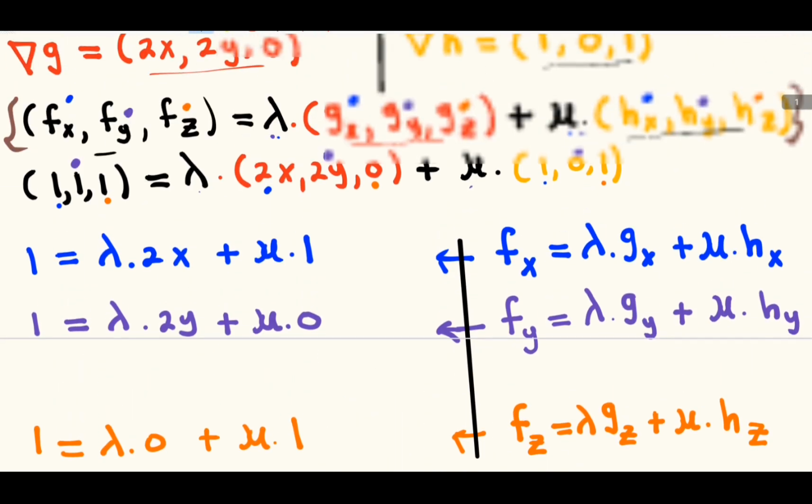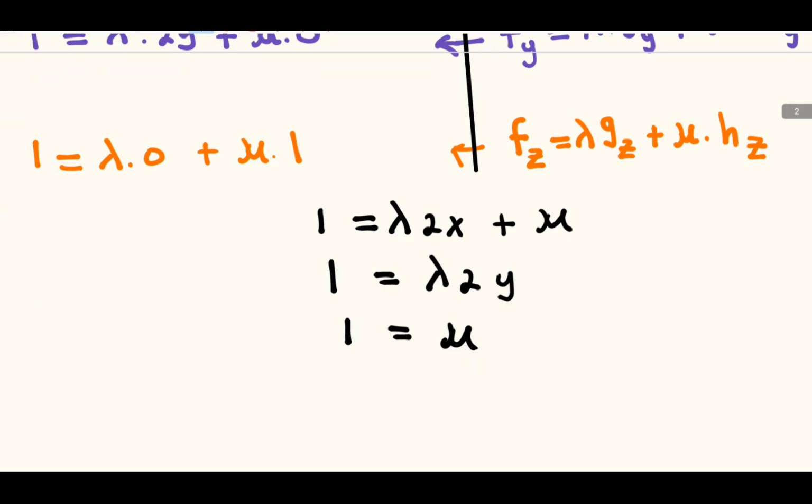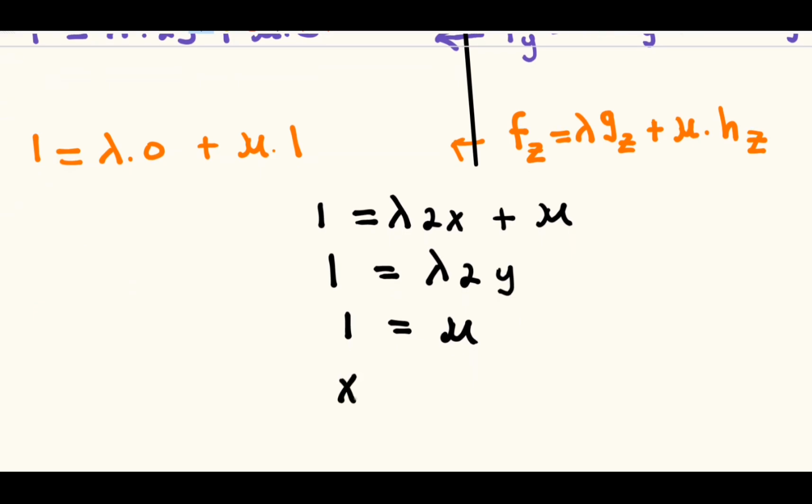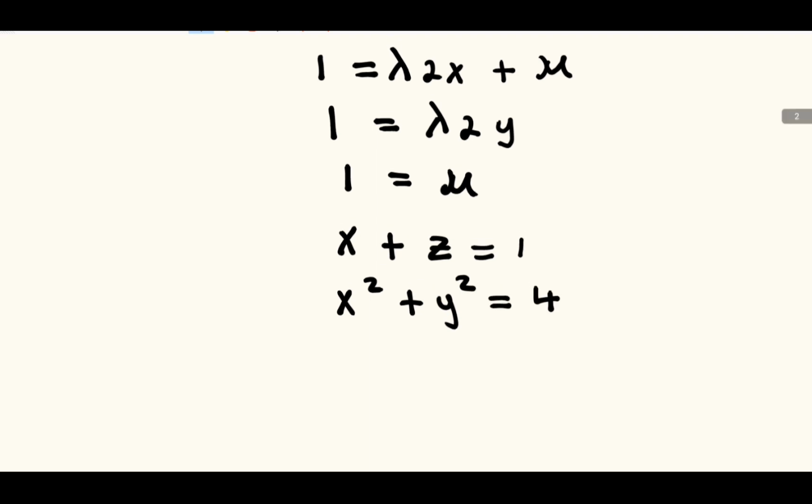We also have the two equations of the constraints which we have to utilize. The x squared plus y squared is equal to 4. x plus z is equal to 1. Let's start with the x plus z equation, which is equal to 1, and the x squared plus y squared is equal to 4.